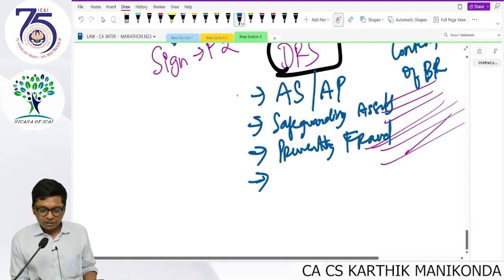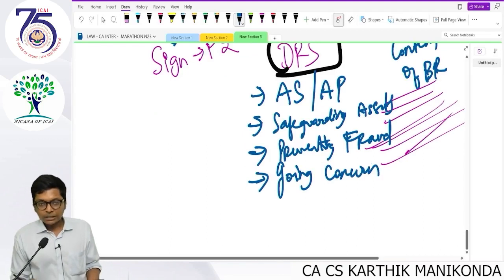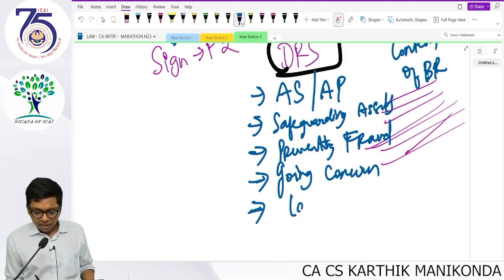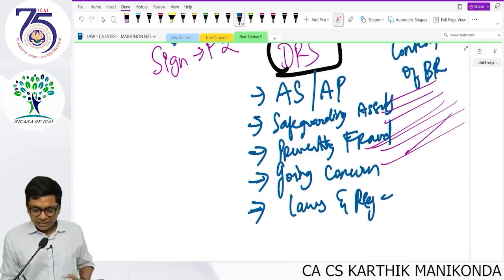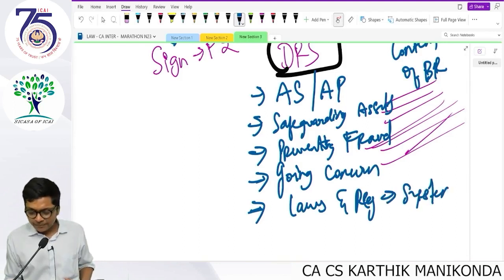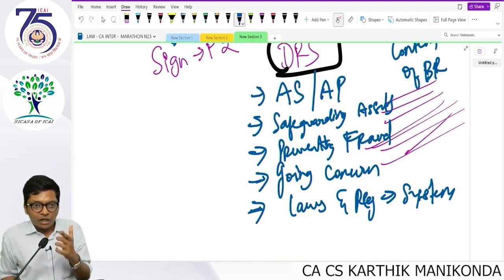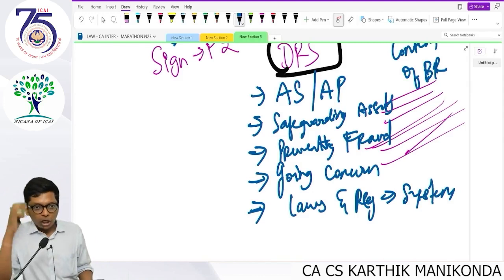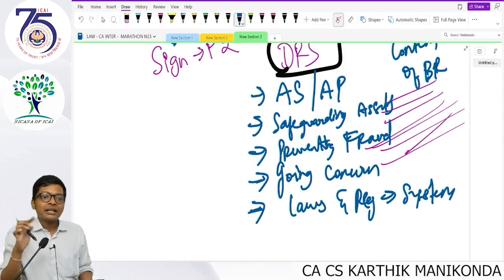They are also responsible that the company is going on a going concern basis. They should also say that all the laws and regulations are being followed. That means there is a system for proper following of laws and regulations.